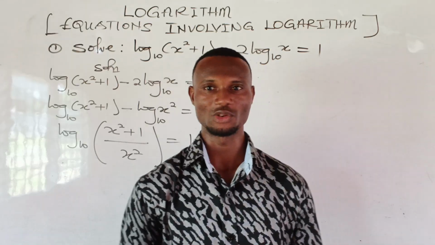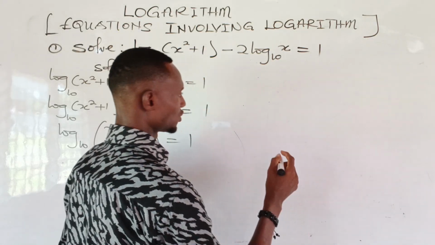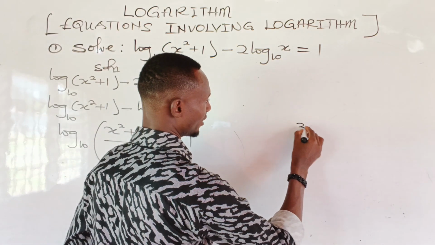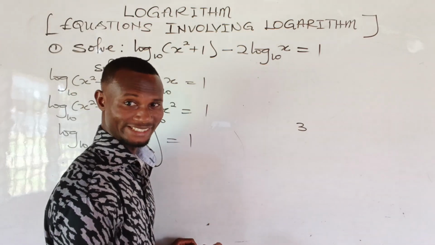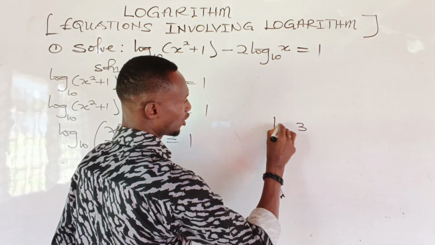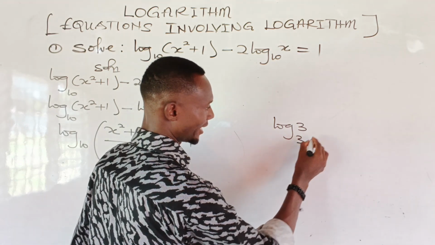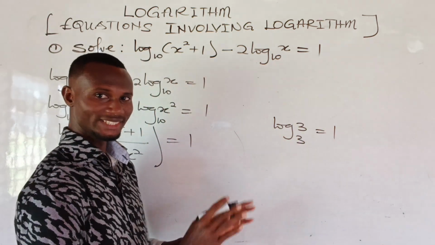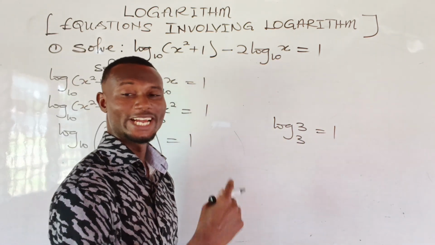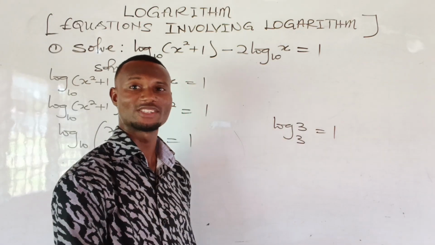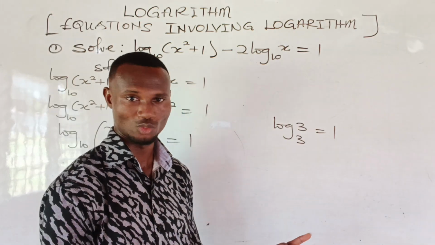Let me illustrate it on the board for you to understand. So let's say I have 3 on the board. The property is saying that when I take the log of the 3 to the base of that same 3, it should be equal to 1. That is the property. The log of any number to the base of that same number is always equal to 1.